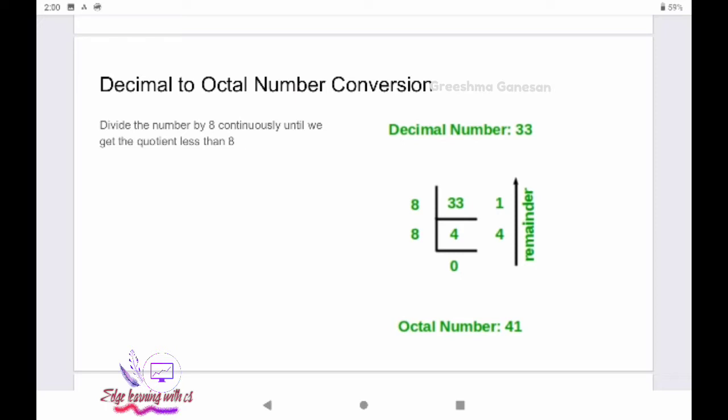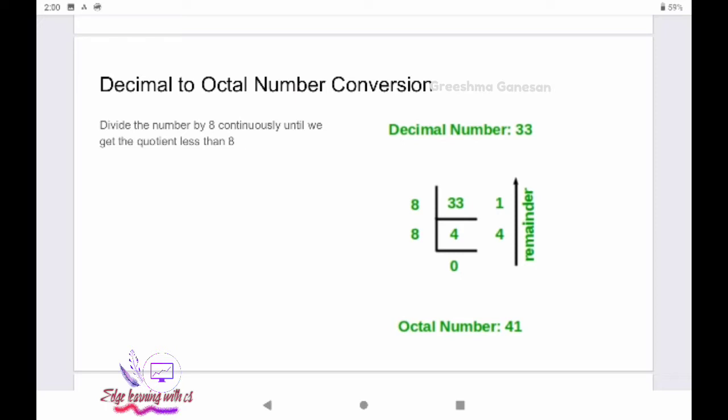What is the value which multiplied by 8 will give you the answer 33? No such value will be there, but we can get the number 32. 4 8s will be 32. Then I am writing 4 there, and after getting 32 I have a remainder 1.